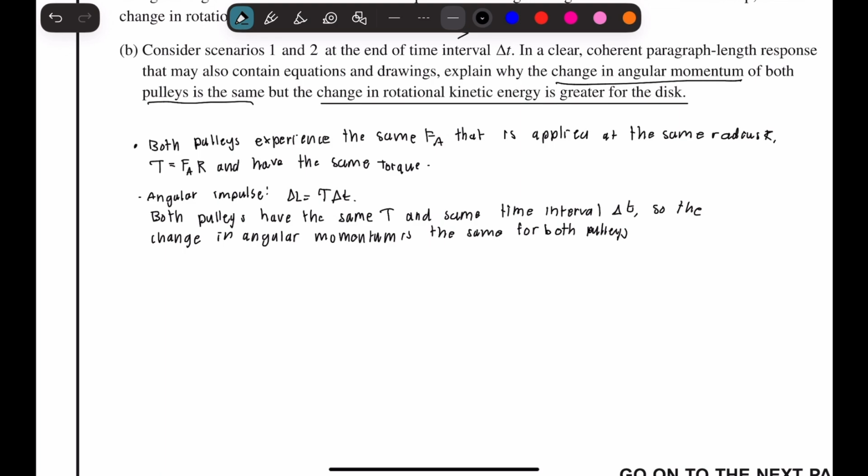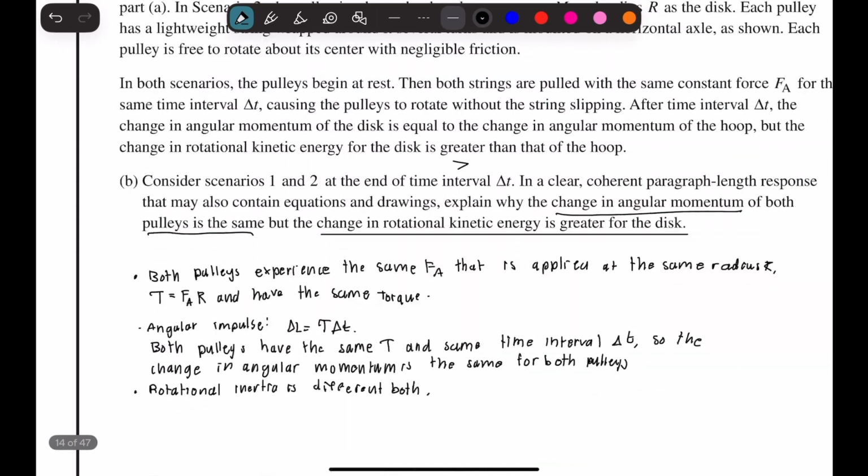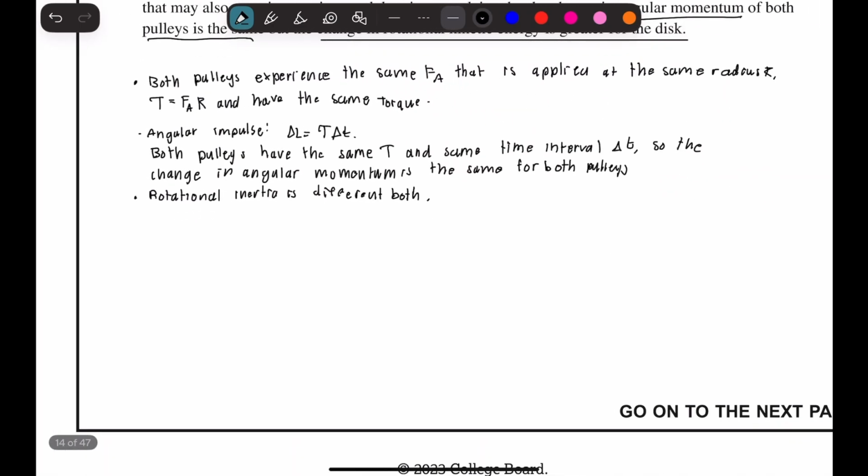Now, on the other hand, we know that the rotational inertia is different for both. And the rotational inertia formulas you should generally memorize since they did not give it to us here. So we were given the inertia of the disk earlier, which is 1/2 m r squared. And you should know that the inertia of the hoop is just m r squared.